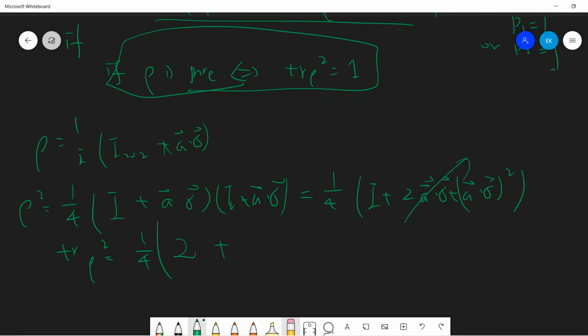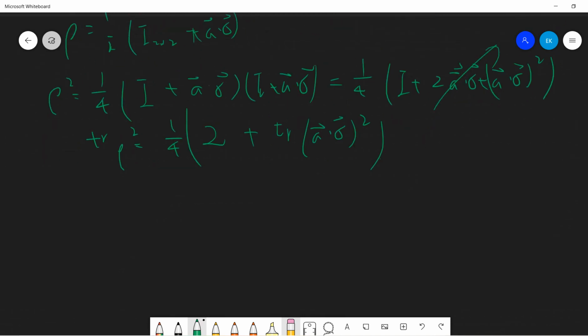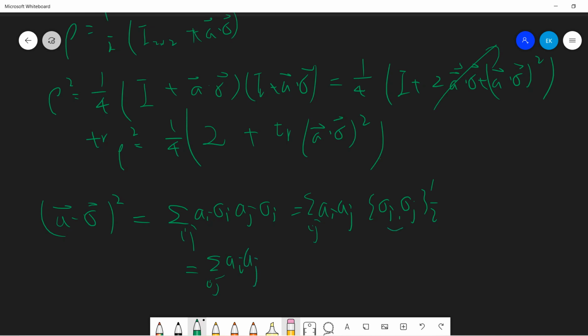The second term you get 0, and the third term is the trace of a dot sigma squared. By definition this is ai sigma i times aj sigma j. I can write sigma i sigma j as the anti-commutator, because ai aj is symmetric, with a half. The anti-commutator is 2 delta ij.